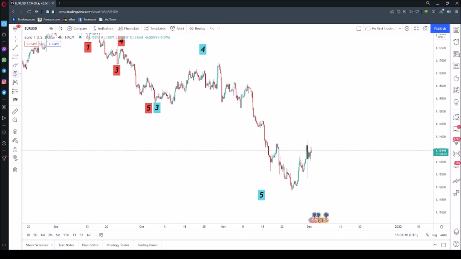So here we continue to check if we have enough. We can see that we had consolidation. There was no net drop or net move. So from that consolidation, we had wave 1, right?